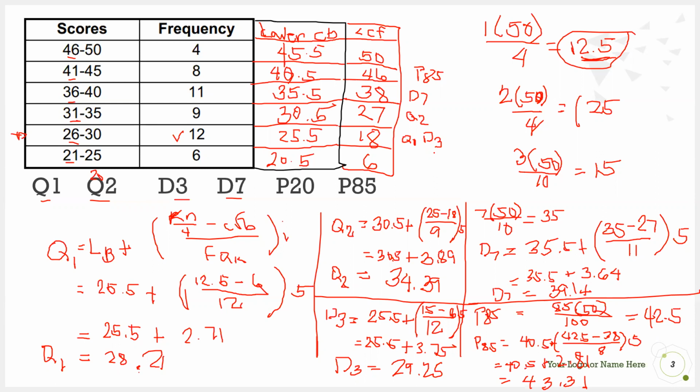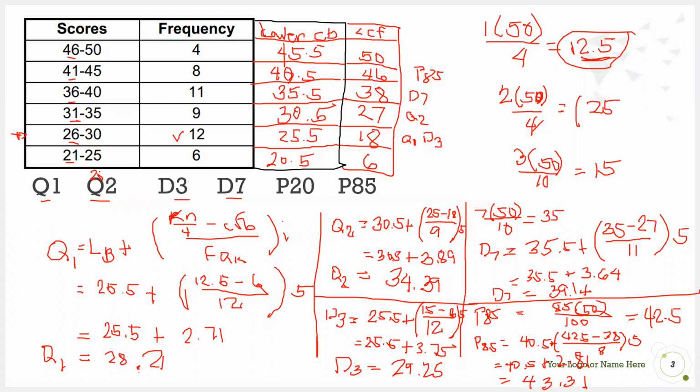Pero saan po talaga siya nag-originate? Nag-originate siya sa pagitan ng upper limit ng lower step at saka lower limit ng upper step. Example, itong 21 to 25, alam mo na sa ilalim niyan, meron tayong 16 to 20.